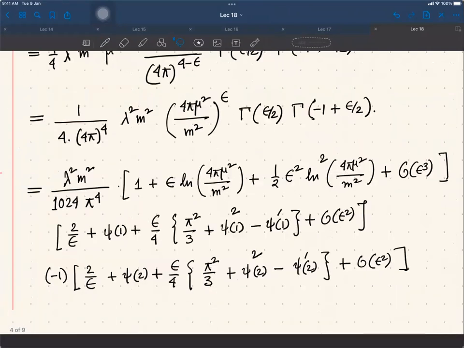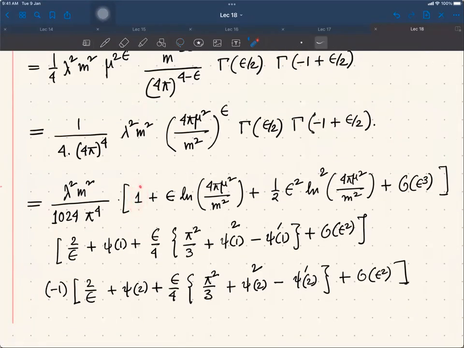This was some term that I missed when calculating terms that originate from this.